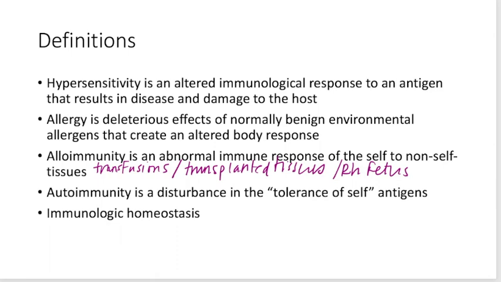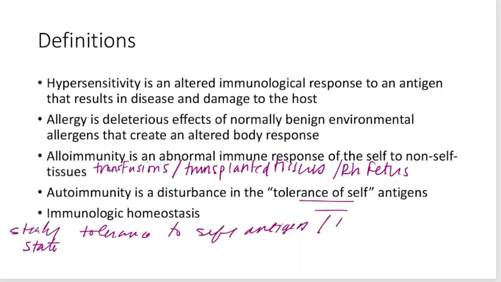But what happens with autoimmune diseases is that the actual immune system reacts to those self-antigens. We'll get more into that when we actually define autoimmunity. Immunologic homeostasis is basically the steady state of tolerance, or lack of response to self-antigen.